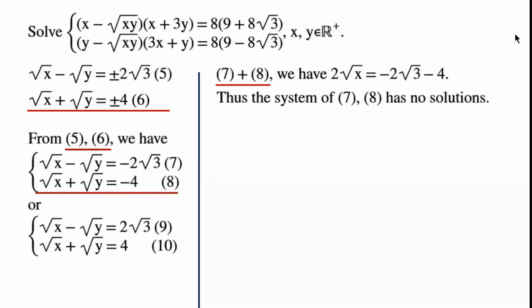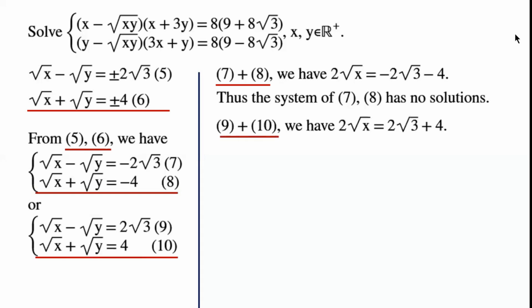Thus, the system of equations 7 and 8 has no solutions. 9 plus 10, we have 2√x equals 2√3 + 4. So √x equals √3 + 2. So x equals (√3 + 2)², which is equal to 7 + 4√3.